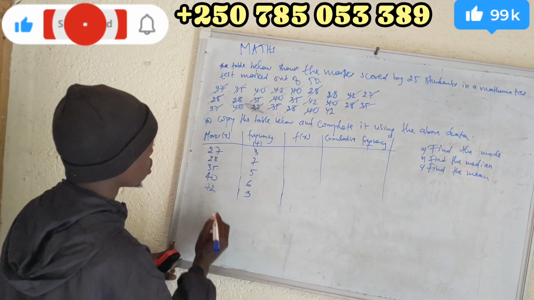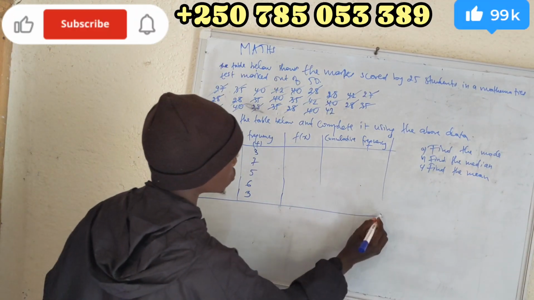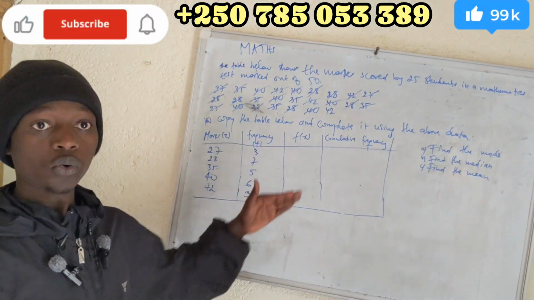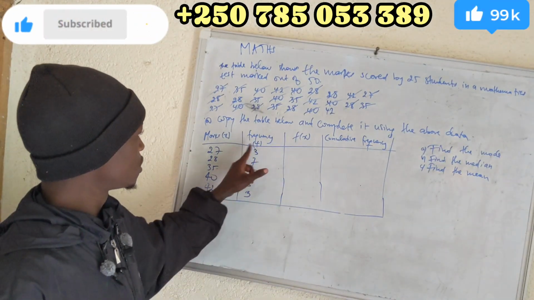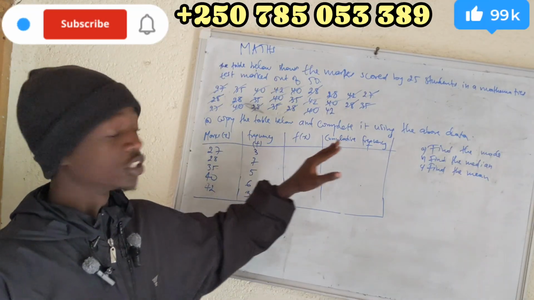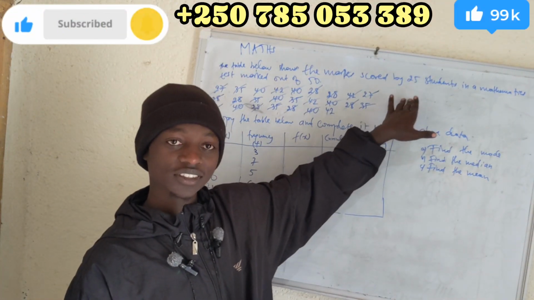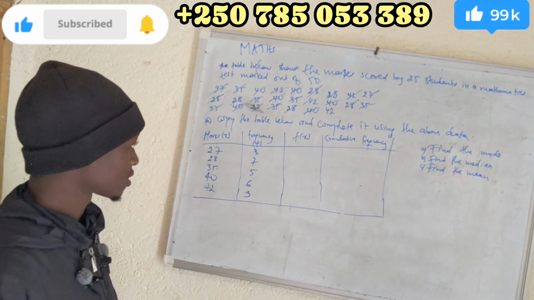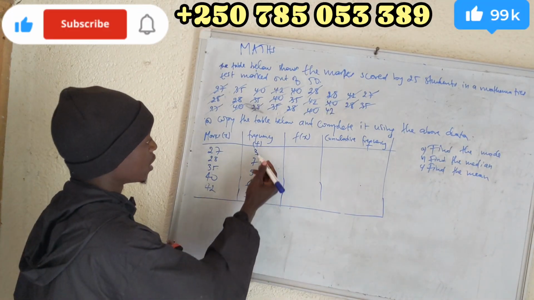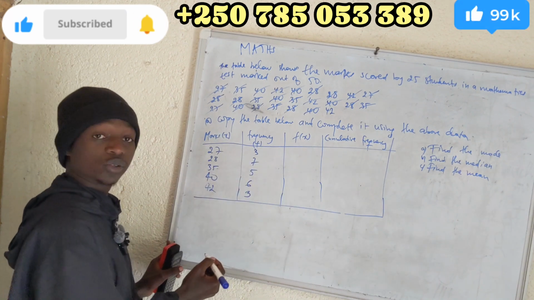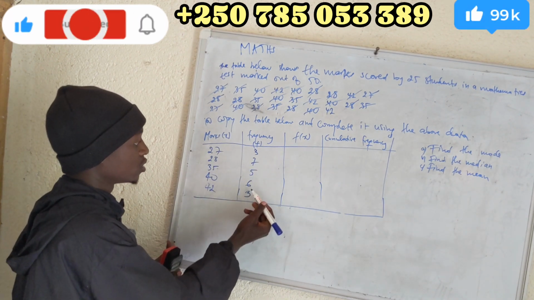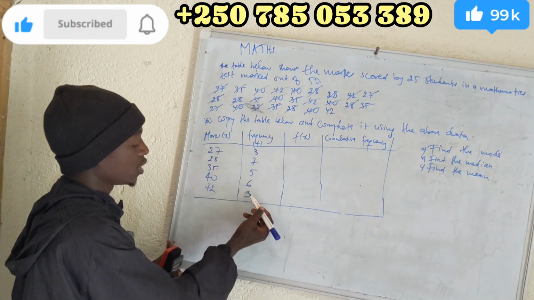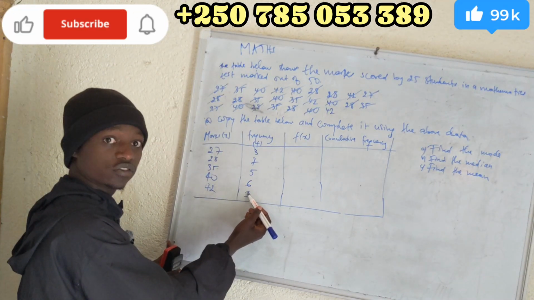So when we add these numbers, are we going to get 25? If not, it means that you have made some mistake. When we add these, we get 10, 15, 21, and we get 24.